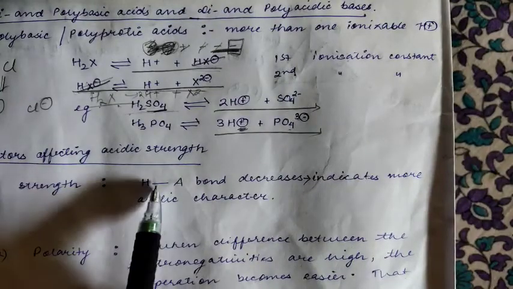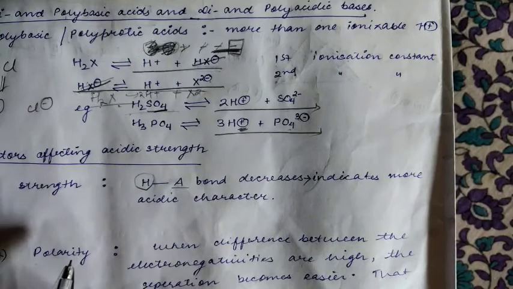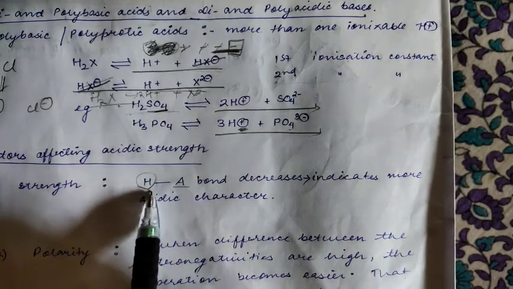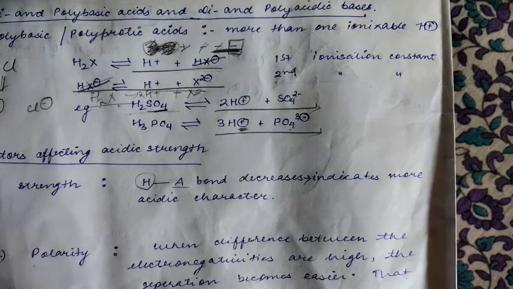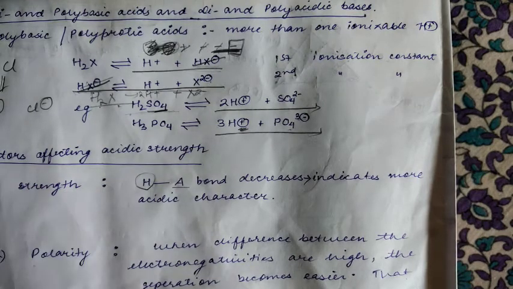Strength means the bonding between the proton and the rest of the part of the molecule. Let us take one proton only, because just now you have studied more than one proton, but consider the bonding between one hydrogen and the rest of the part.